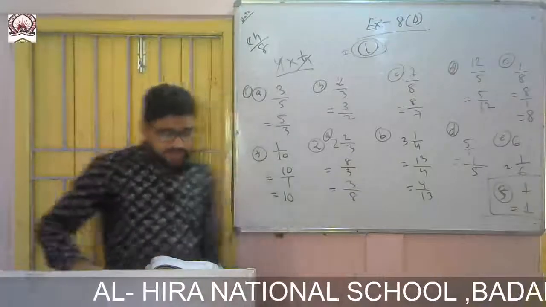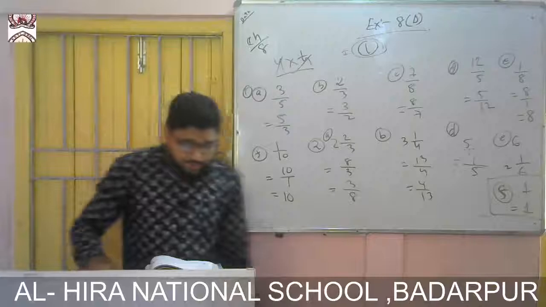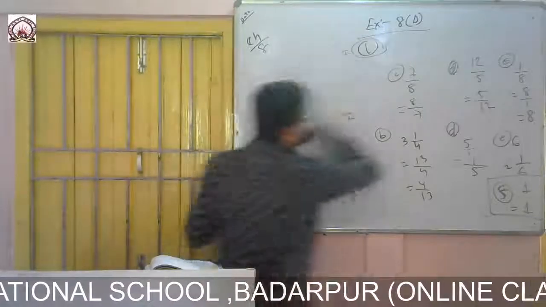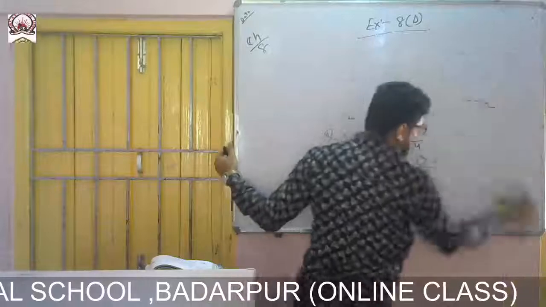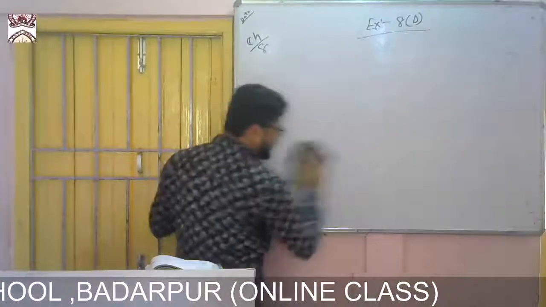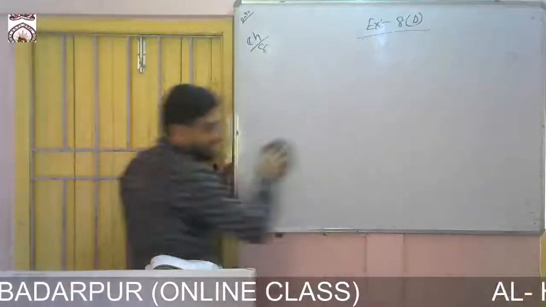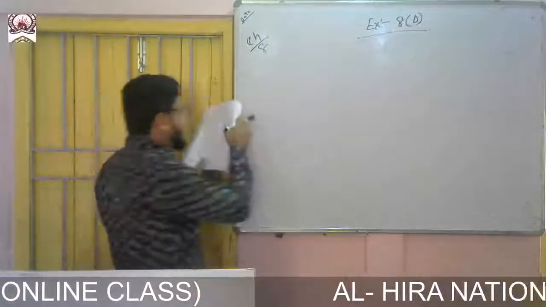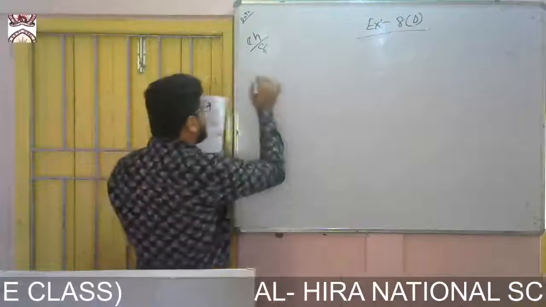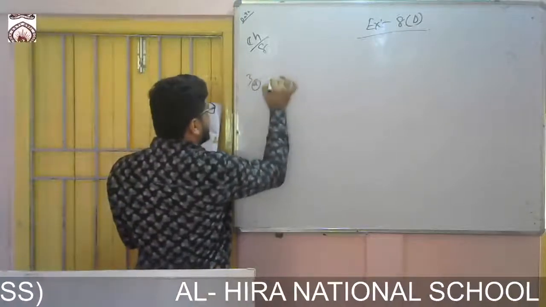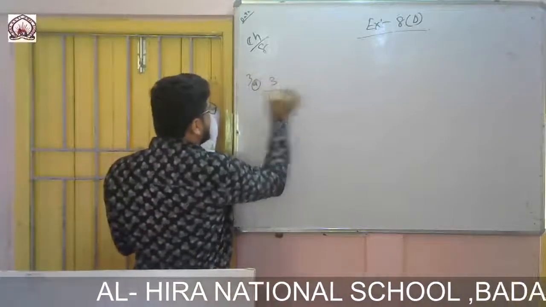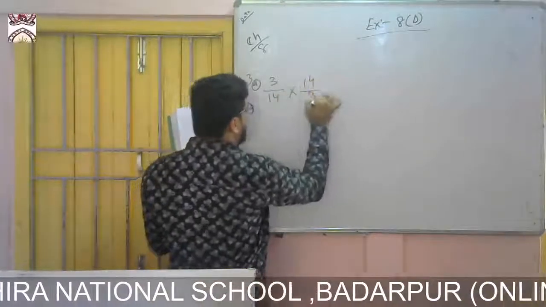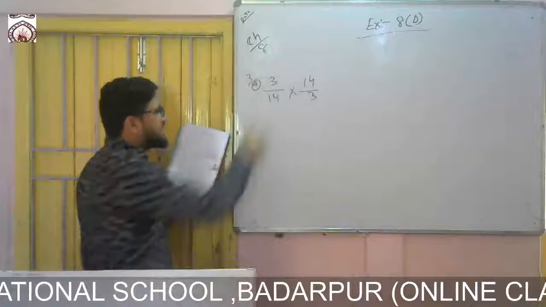Now come to 3A. 3 by 14 into 14 by 3. You see, these are reciprocals.